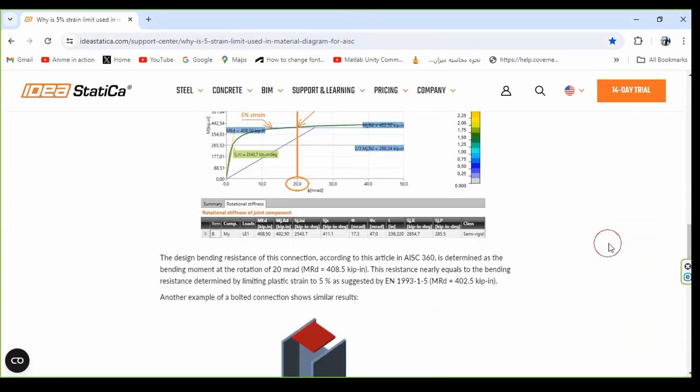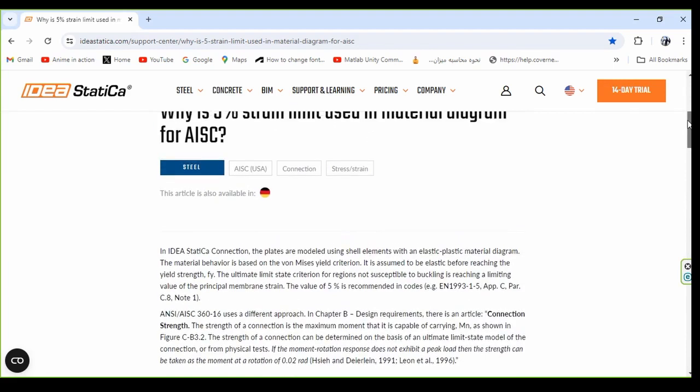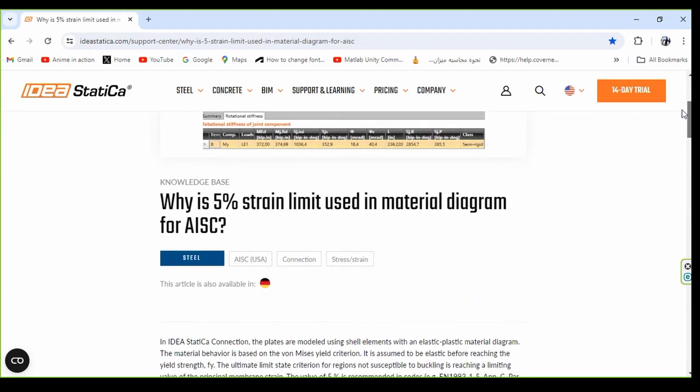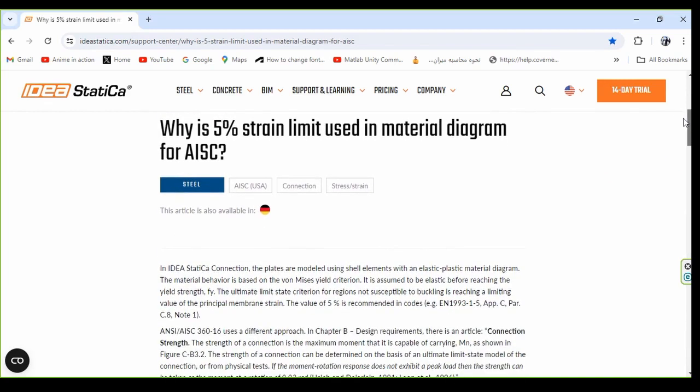And the whole page is talking about why they use a 5% strain limit in accepting plates.